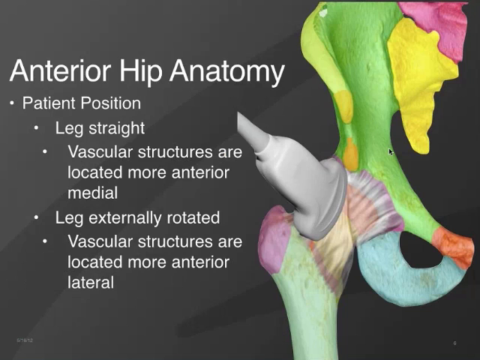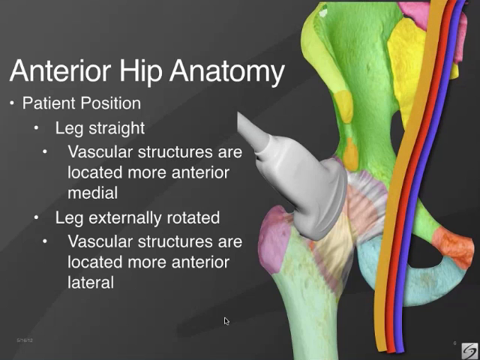The more externally rotated the leg is, the more lateral the vascular structures will be. So there is nerve, artery, and vein. If you rotate the leg externally, these are going to shift to the left to some degree. Keep in mind that they're still going to be well out of the path of our needle, and this neurovascular bundle is going to remain pretty far medial to where we're operating.